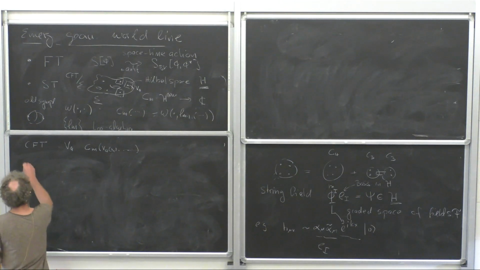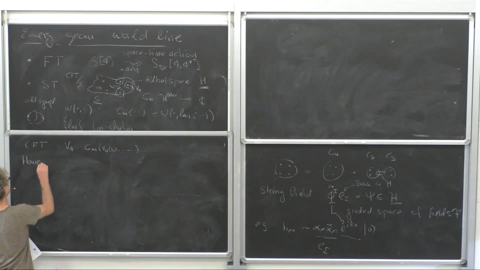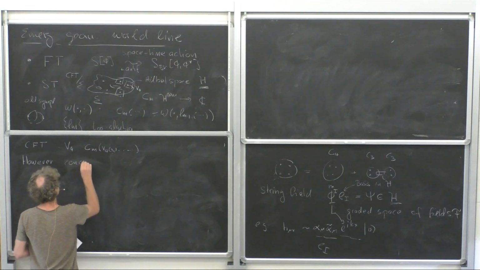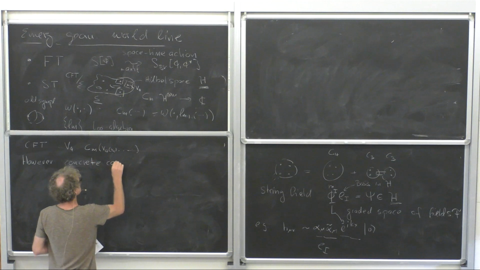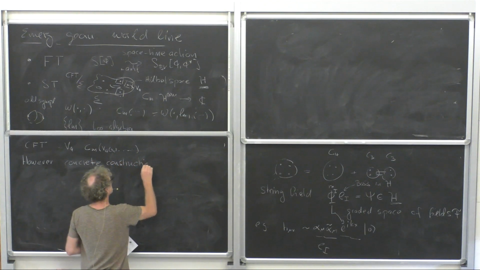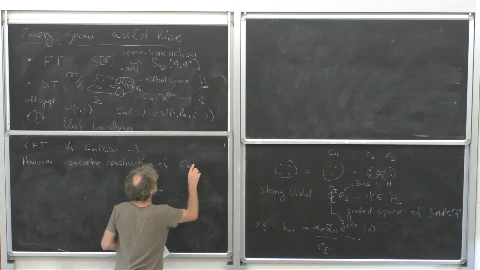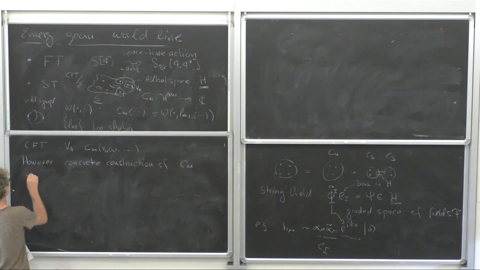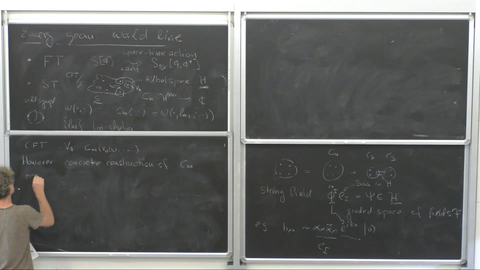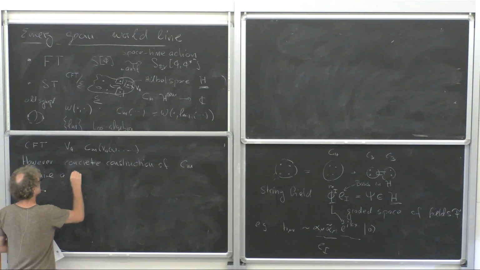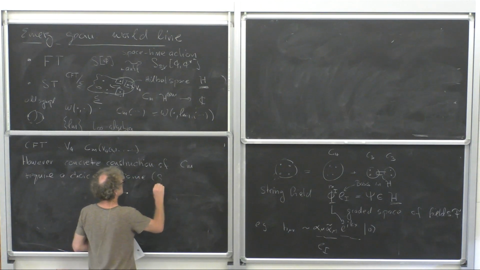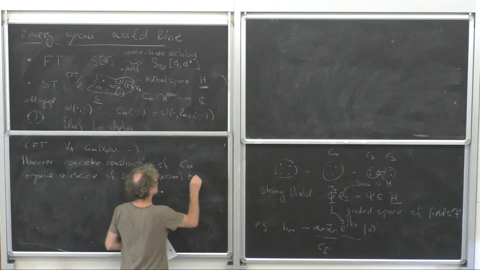So maybe that is what I would like to stress here, that the concrete construction of, say, the cm of these maps requires some background, typically a geometric background, requires a choice of some geometric background.